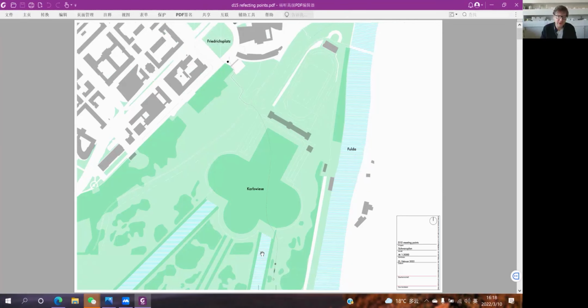when you think about your intervention, you want to think about, do you want to have it in this kind of more formal position and the open space of the Karlswiese, which is a very popular space, not only during Documenta, but also during normal times when people go there, when students go there to play, to mingle, to chat, to party?